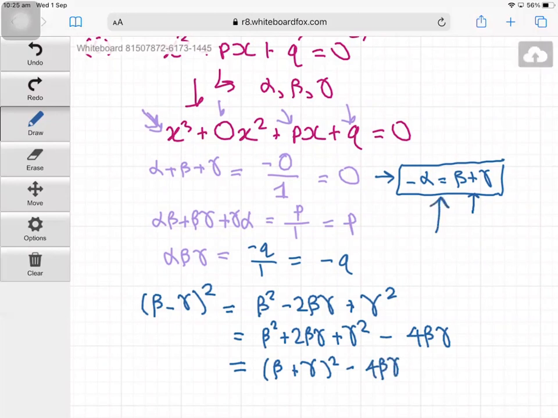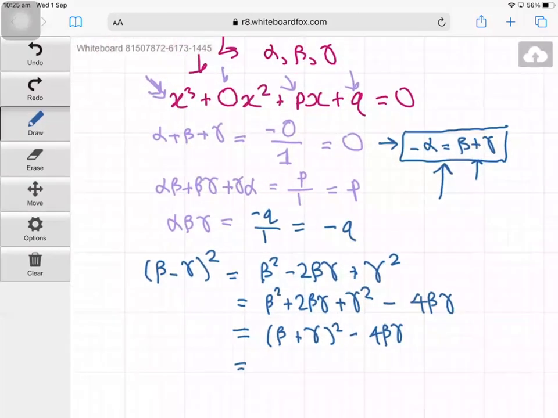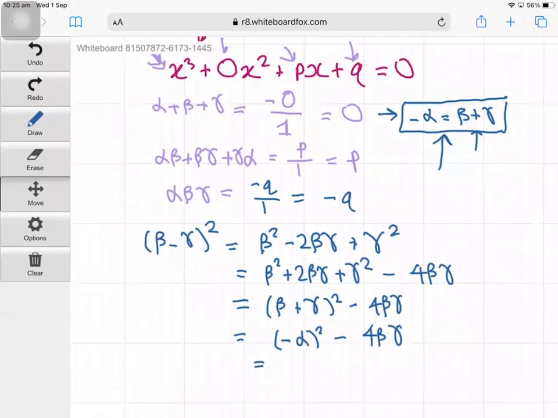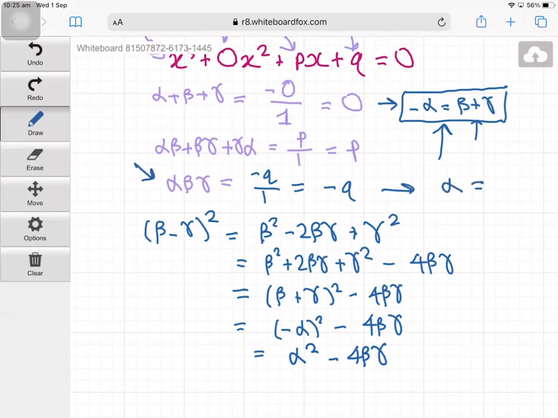And now using this, we have minus alpha squared minus 4 beta gamma, and this is equal to alpha squared minus 4 beta gamma. And using alpha beta gamma equals negative q, beta gamma is equal to negative q divided by alpha.